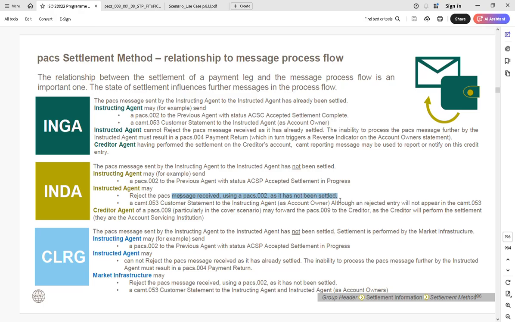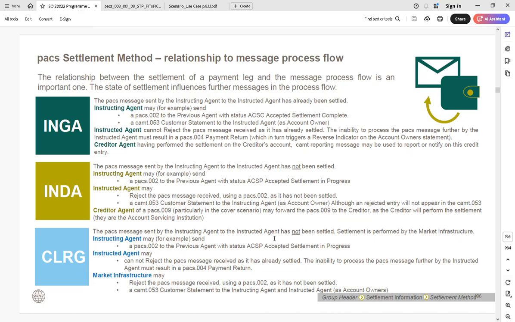If it has not been settled, this is the universal law for any message, not only for the instructing agent. Sorry, this is only for ISO 20022, not for MT103. So if the payment is settled, send PACS004 to return the payment. If the payment is not settled, send back the payment with PACS002, which is a status message.